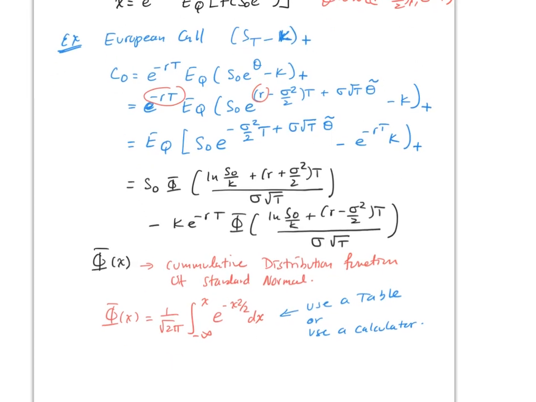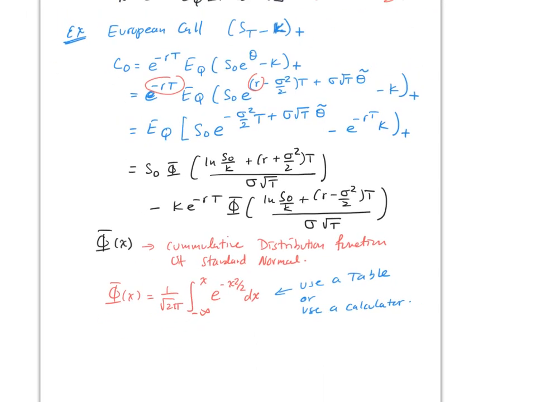And again, it is very important to notice that to find the price of the European call using the Black-Scholes formula, it doesn't require knowing the drift or mu.